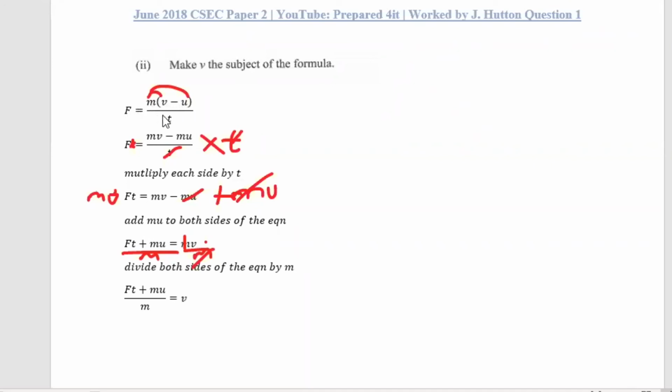You will not be able to factorize, because m being multiplied by v minus u is the same as mv minus mu. But what you did was multiply by t first, so what you only have is ft plus u. In the end you are missing some variables, so you will not get back the original formula, which is f is equal to m multiplied by v minus u. So if you get me.